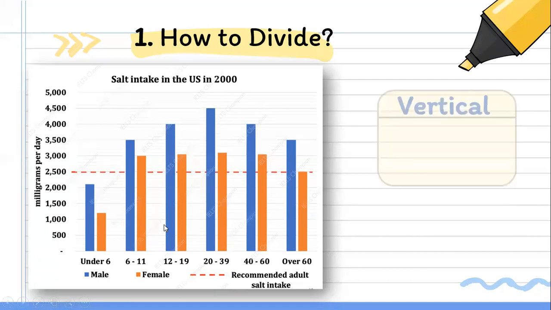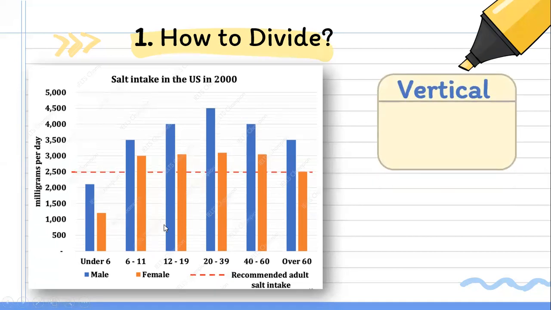So we can have two types of division. The first is vertical. What does it mean? It means that you pick one series out and then compare the categories within it.